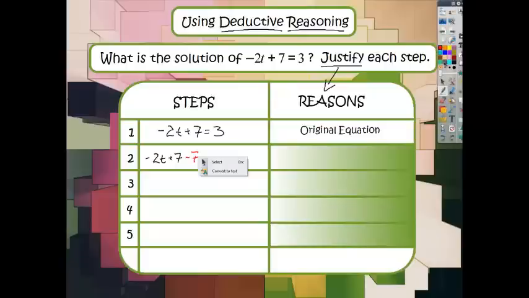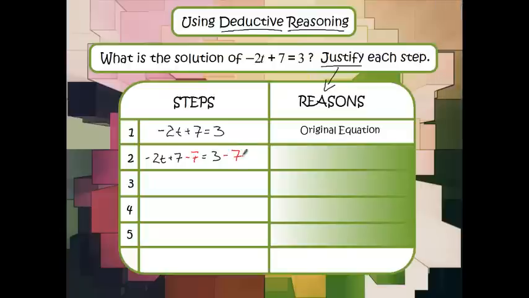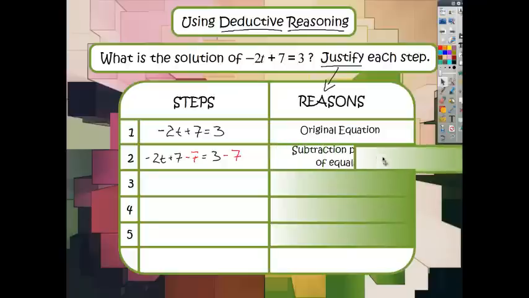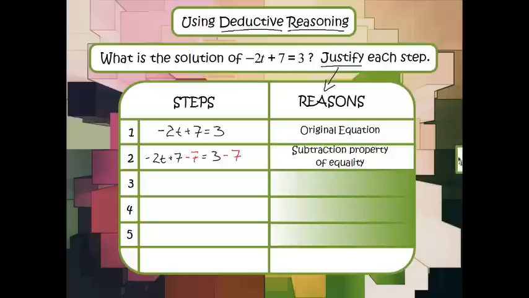And that equals 3 minus 7. All right, and what we call this step is the subtraction property of equality.